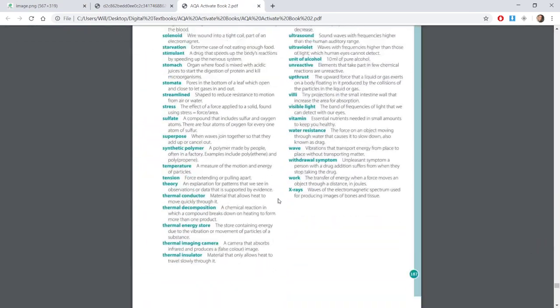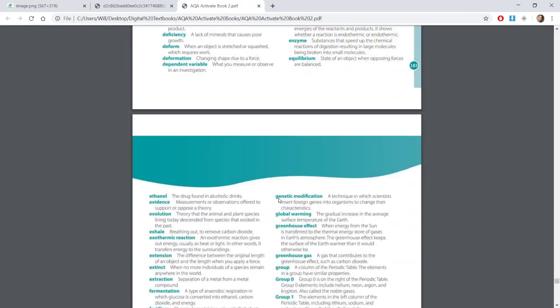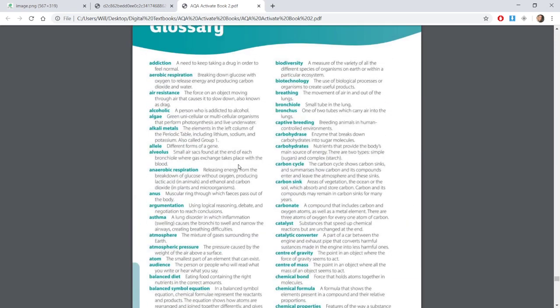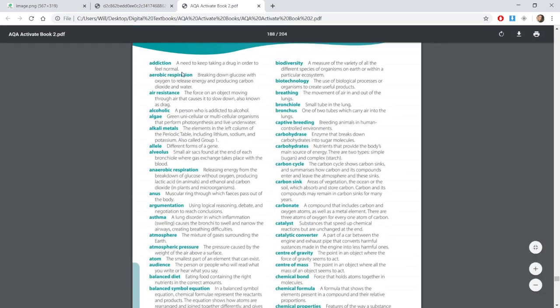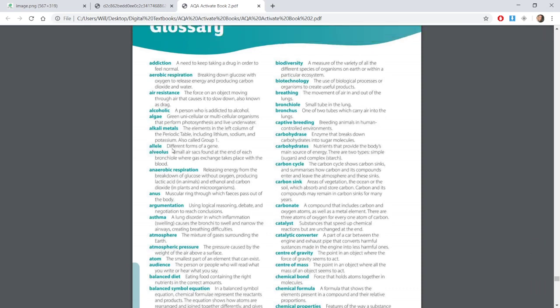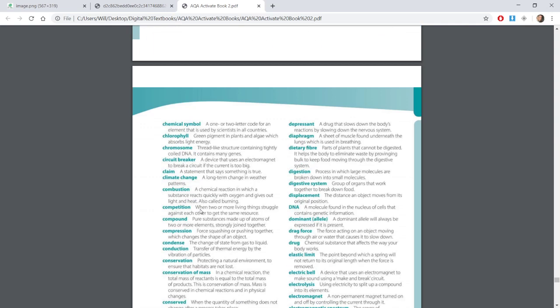It contains all of the words in the Year 8 spec, so you won't need to look at, I don't know, addiction in this particular topic, but you will need to look for words like allele, which is what we're going to do today. Allele: different forms of a gene. Or chromosome: thread-like structure containing tightly coiled DNA.